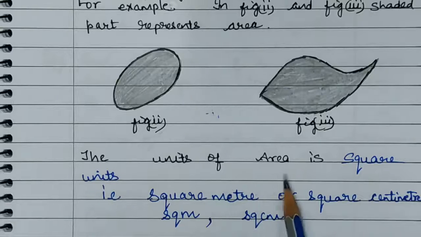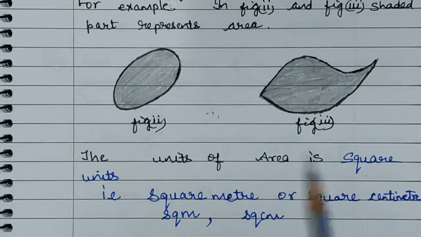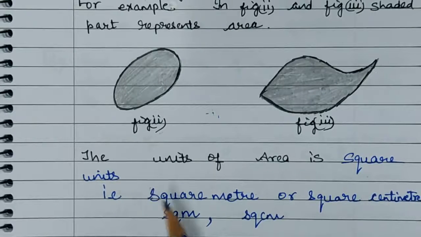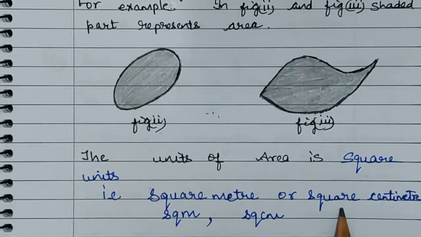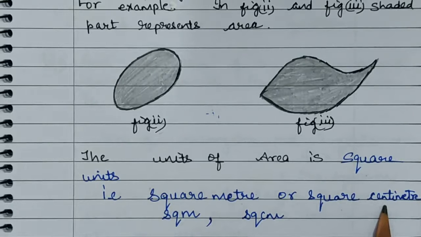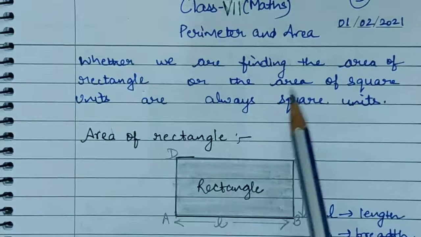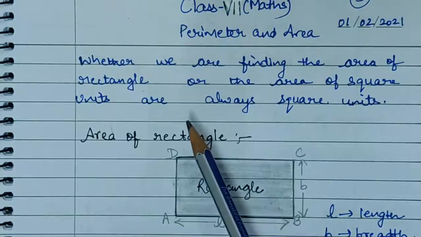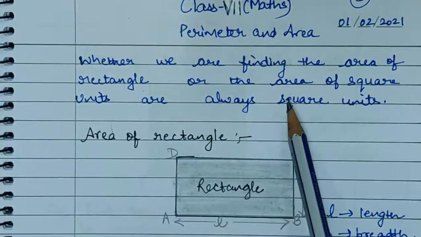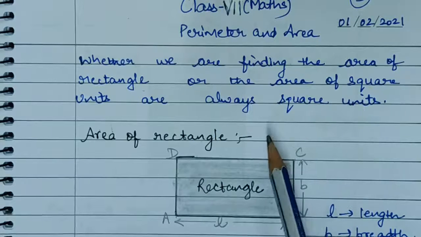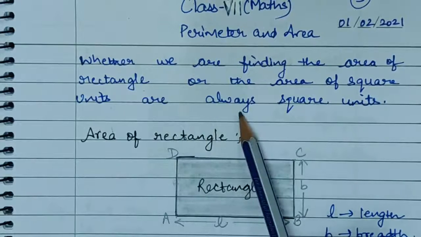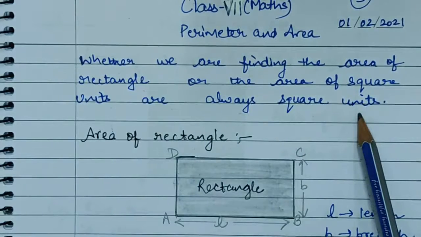The unit of area is square units, that is square meter or square centimeter. It will depend upon the question what units they have given to you. Whenever we are finding the area of a rectangle or the area of a square, units are always square units.